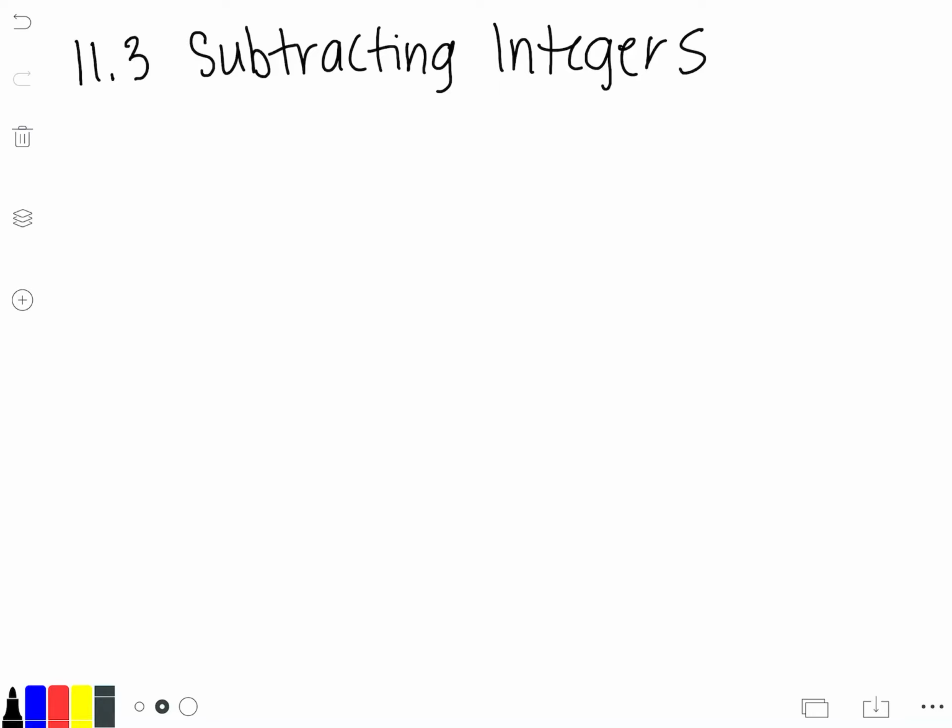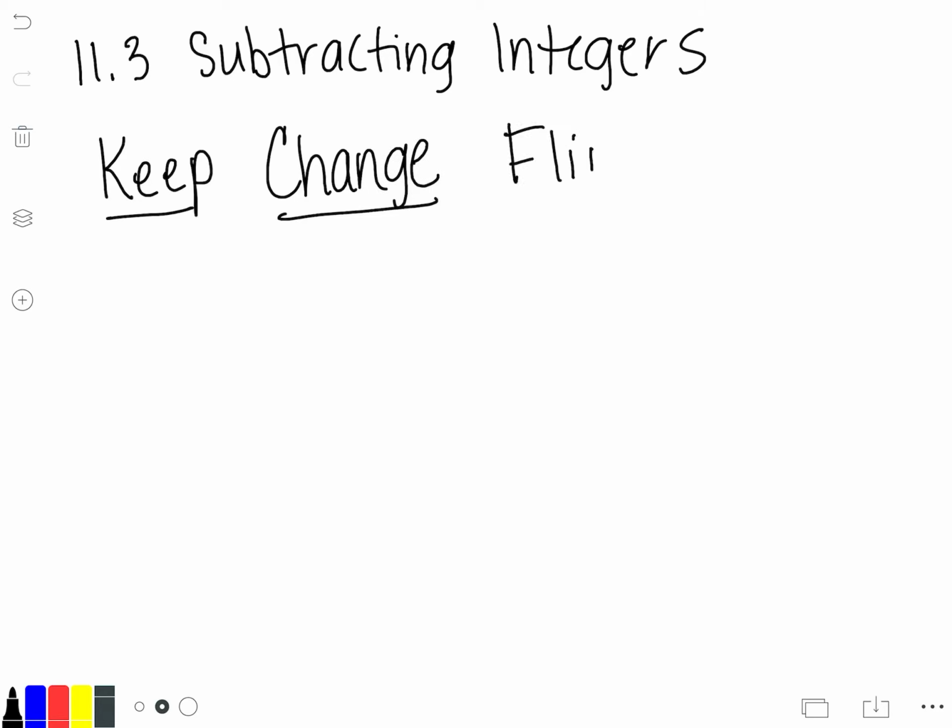So subtracting integers. Basically, we are going to keep, change, and flip. Very similar to the little words that we use to remember the rules for dividing with fractions.